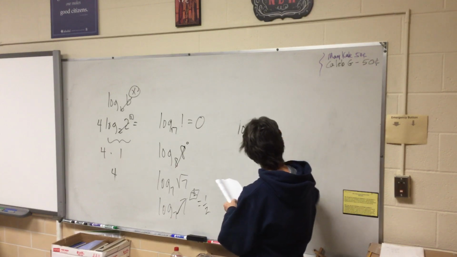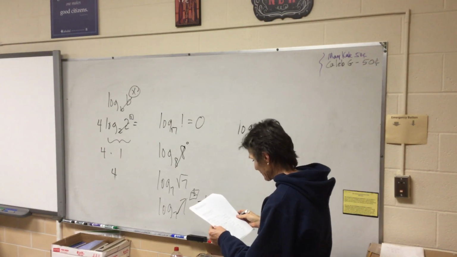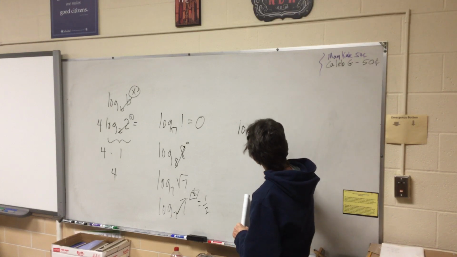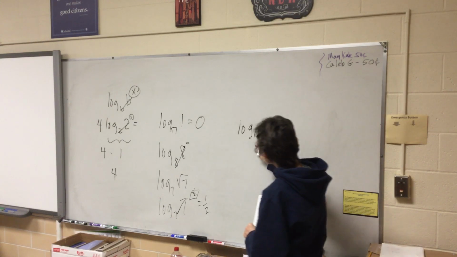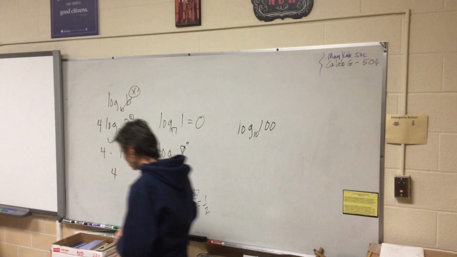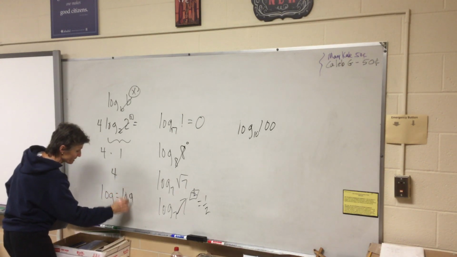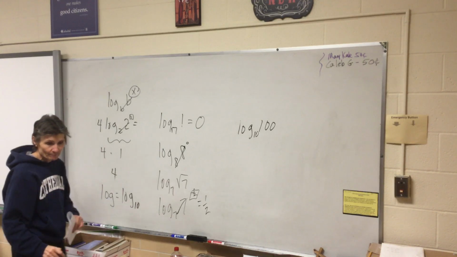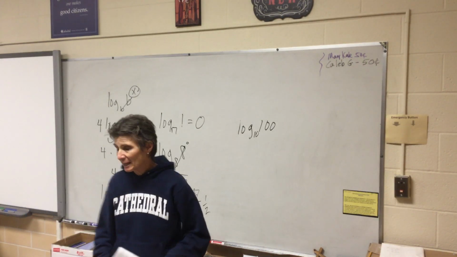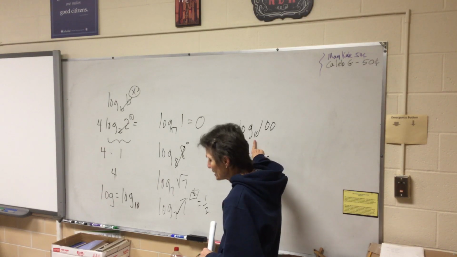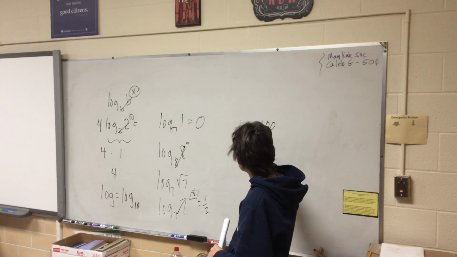How about this one? Remember the base on log, and I think I told you this, but if I didn't, you need to know that log is the log base 10. If you have just a plain log and there's no base, it's understood to be 10.